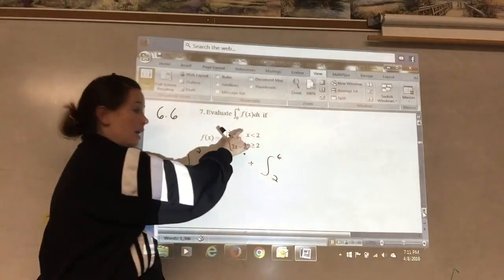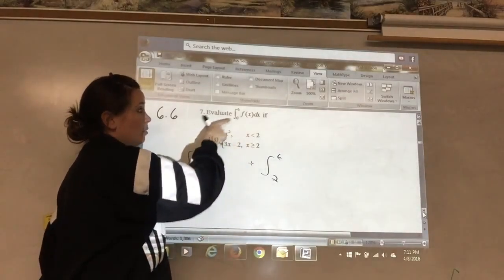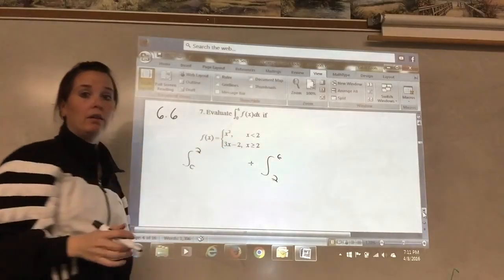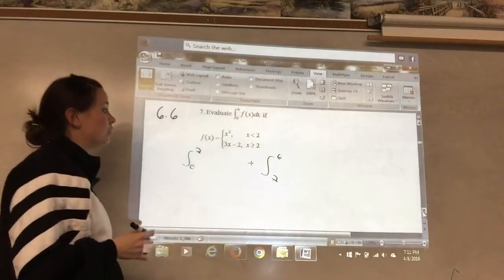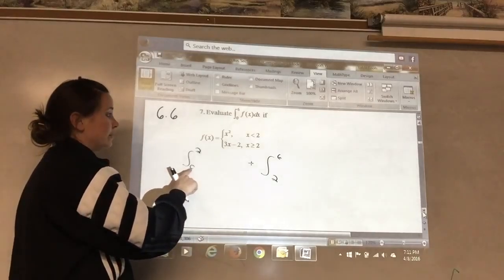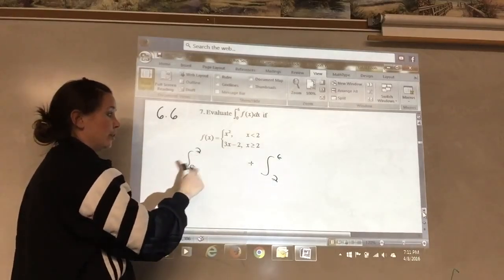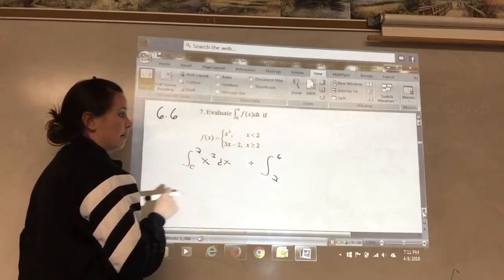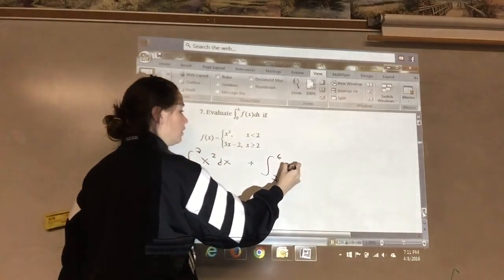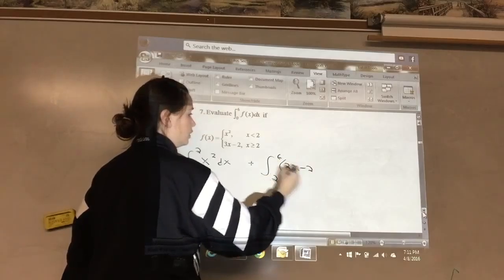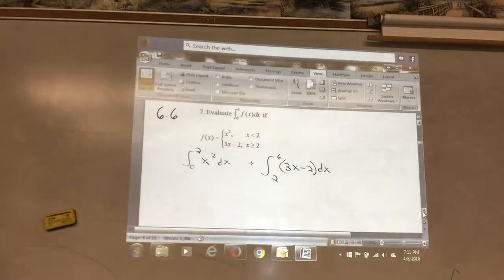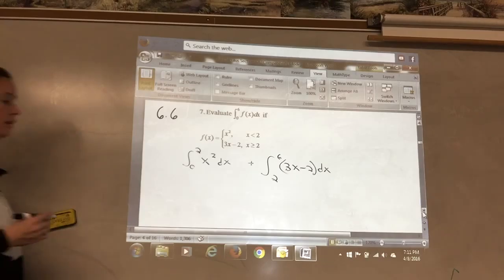You want to look to see where these are being broken up, and you want to look at the actual evaluate problem to see, am I evaluating the whole piece. So, if I am 0 to 2, so I'm less than 2, I need to use x squared dx. If I am 2 and larger, I need to use 3x minus 2 dx. So hopefully that makes sense in how I went through and I separated that. And now we just go through and we integrate each piece individually.